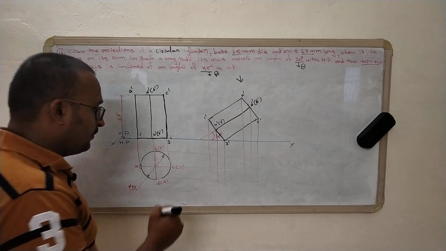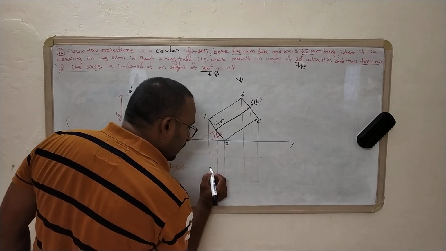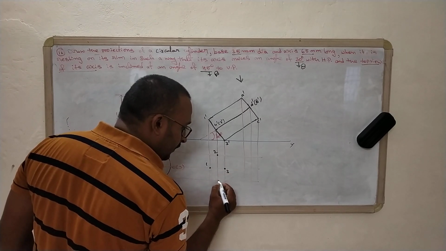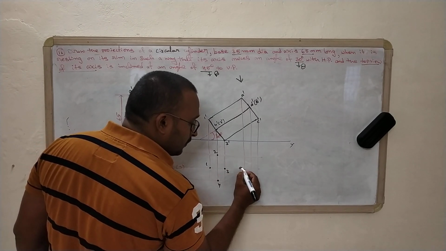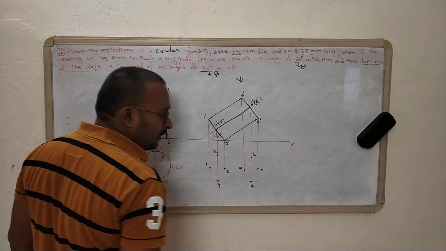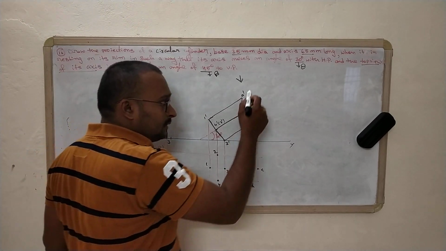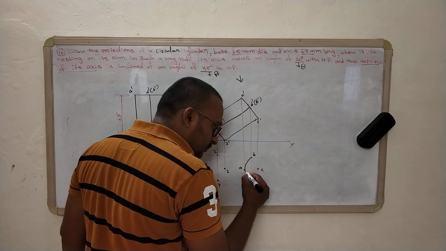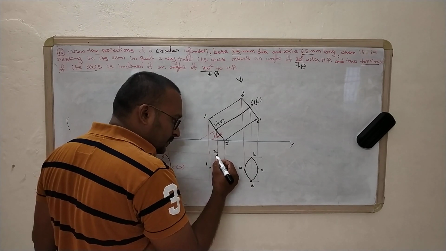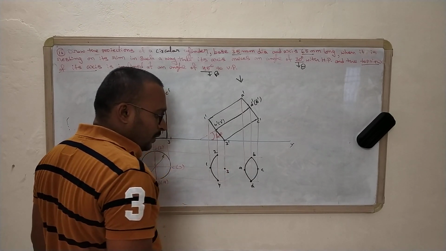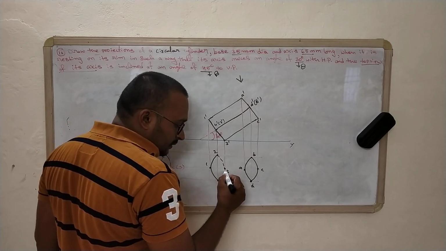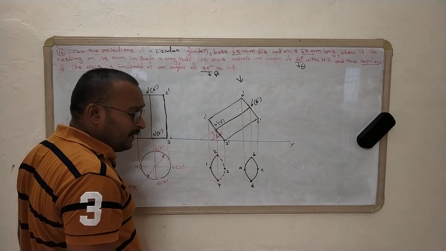Right, so now 1 dash and 1 intersecting point, 1, 2, 3, 4, A, B, C, D. Now I have already told that the ABCD surface will be completely visible, and then here it is 1, 2, 3. So the 1, 4 and 1, 2 circle will be visible, and then the 2, 3 and 3, 4 circle will be invisible.